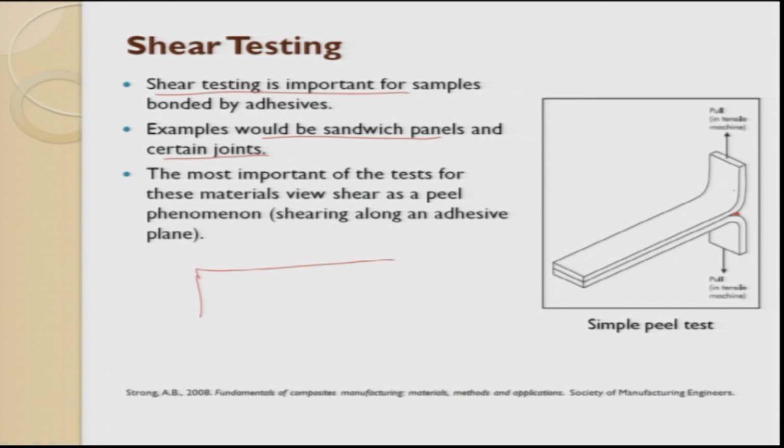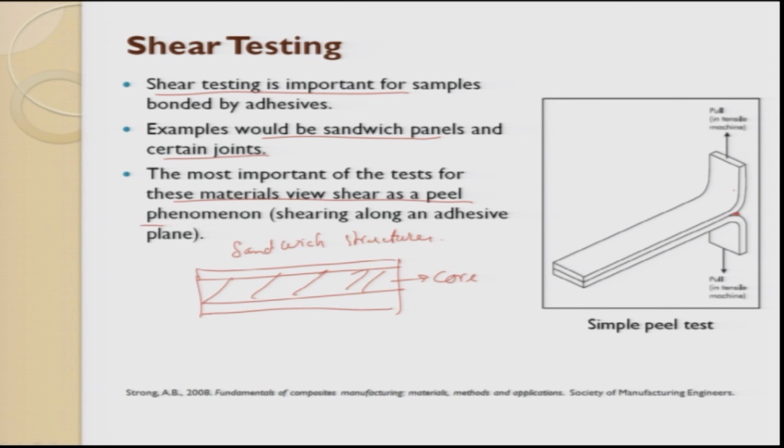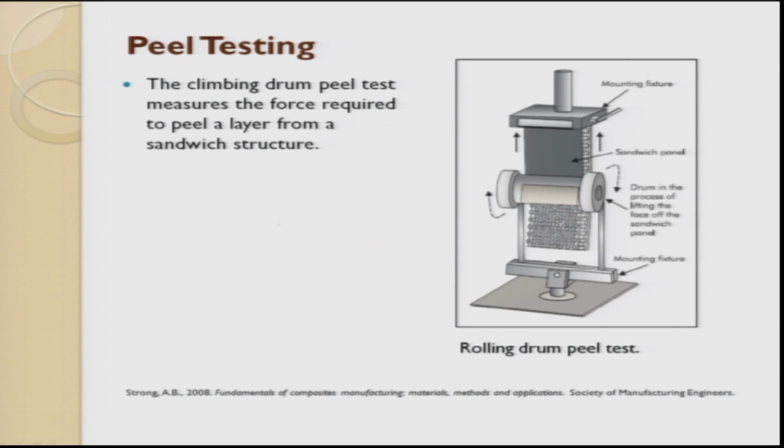In a honeycomb or sandwich structure, we have a top skin, a bottom skin, and this will be the core. So if you want to find out the adhesion strength, then we do this. The most important test of these materials views shear as the peel phenomenon. So the shearing along the adhesion plane will be taken care of.